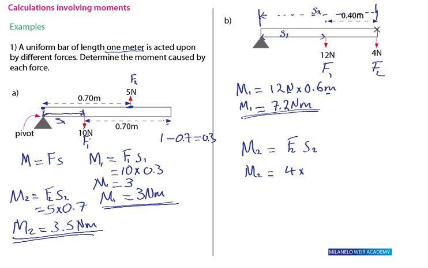The force is at one end, and the pivot is at the other end, and this is a 1 meter bar. That means it's 1 meter, right? You get 4. So the final answer is 4 Newton meter.